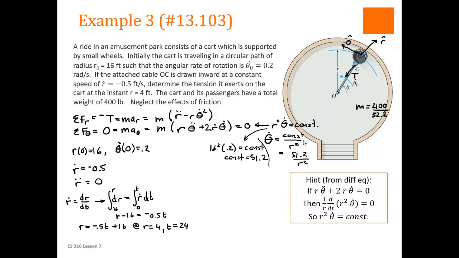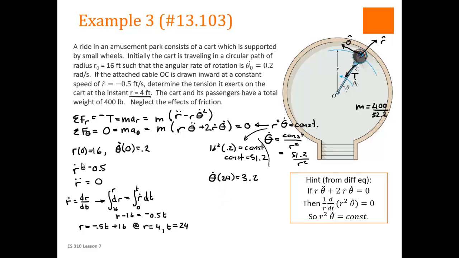So at this point where r is 4, so theta dot at this time of 24 seconds, which we found down here, is going to equal 3.2, which is 51.2 divided by 4 squared.